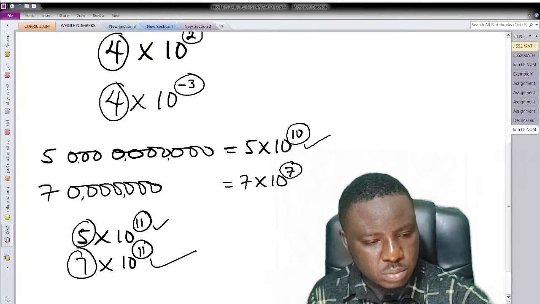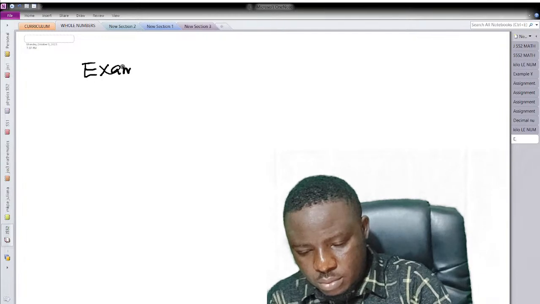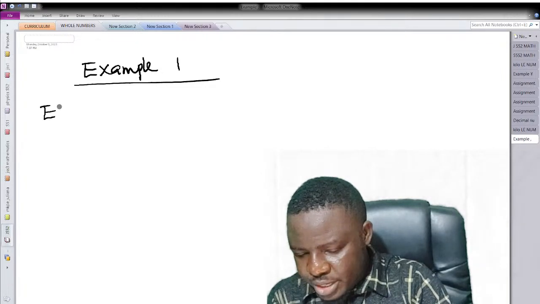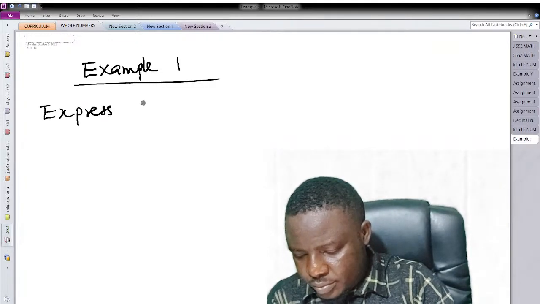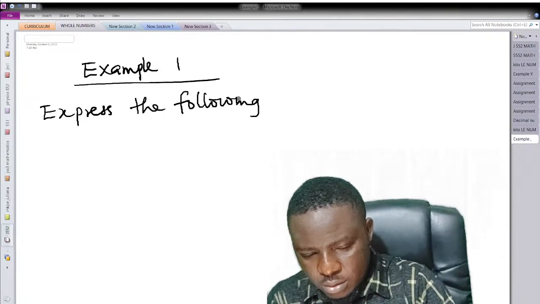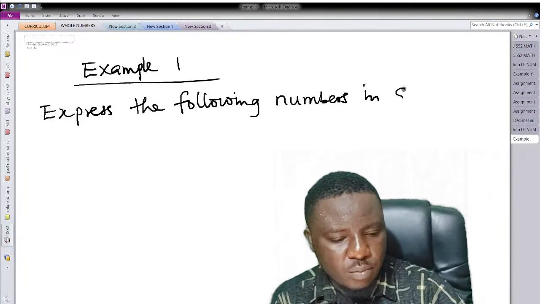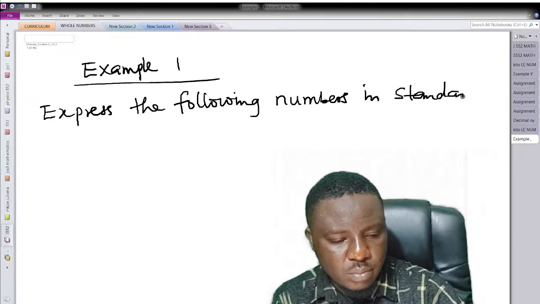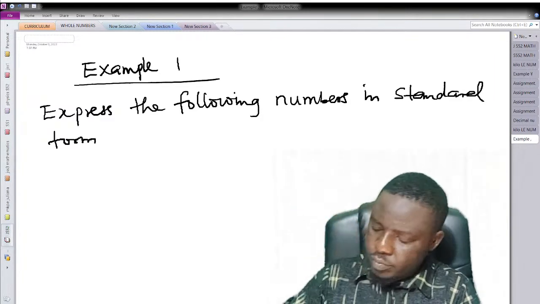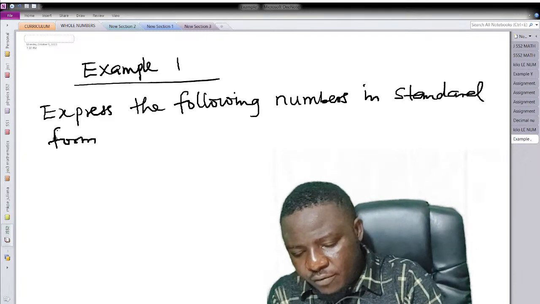Example 1. We are asked to express the following numbers in standard form.